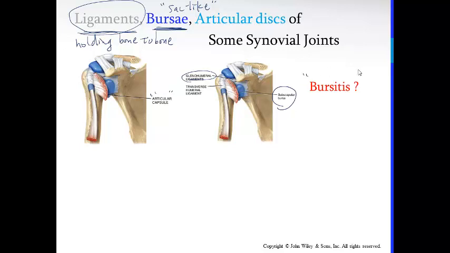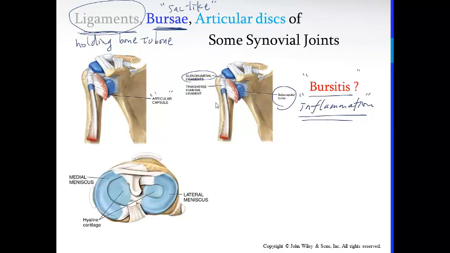Anytime you have inflammation of the bursas, or bursae for plural, you will feel pain and swelling, so it should be treated right away, or else you will have a hard time moving the joints. Now we also have articular discs. These are fibrocartilage discs.